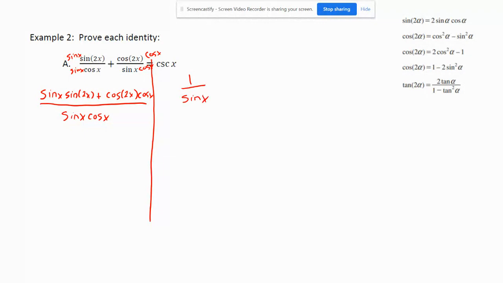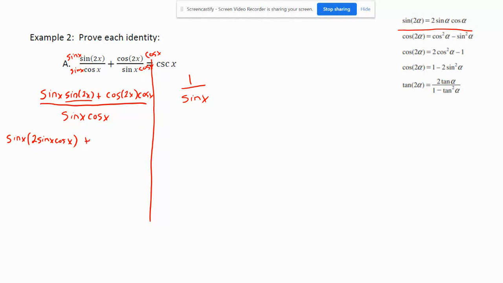Now this is getting quite long on the left hand side, but we're going to start applying some of our identities. We have a sine 2x here, so we'll apply our sine 2x formula. This is going to be sine x times 2 sine x cos x.